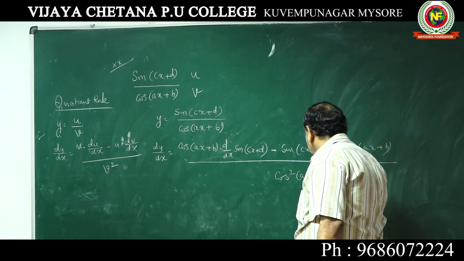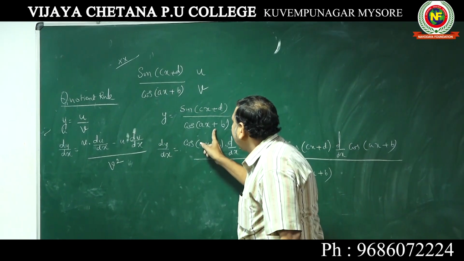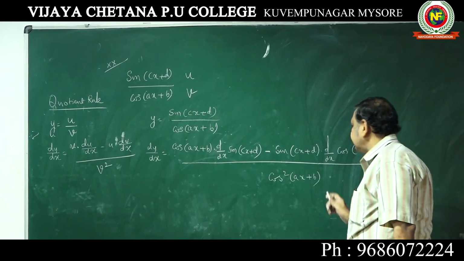V square: v is cos(ax + b), so cos square(ax + b).